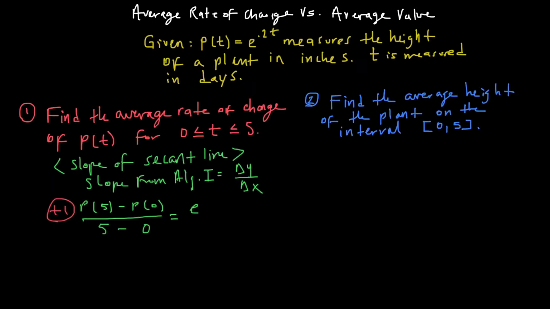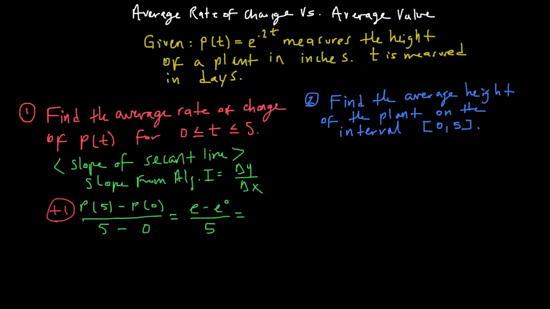Minus, and then plug in a 0, 0.2 times 0 is 0, e to the 0. And then that divided by 5. You don't have to simplify if it's free response. This could be your answer. There's nothing wrong with this answer. So if you're not comfortable reducing, then leave it this way.